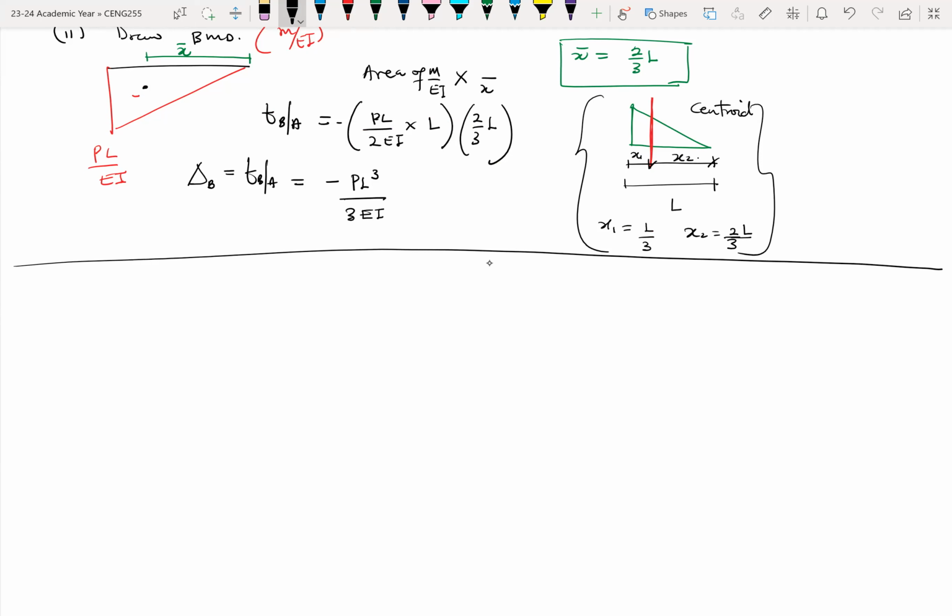I think one of the examples, if I remember correctly, let me call this example three, maybe 3.1. So this is lecture 3. I think it's the same as example 8.5 in the Hibbeler. Okay.